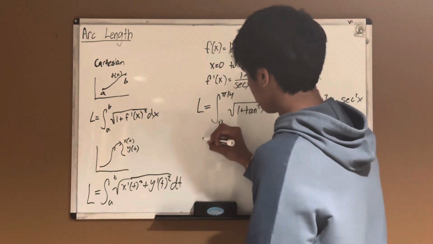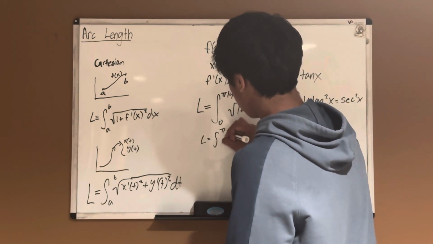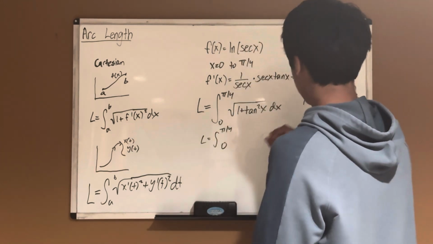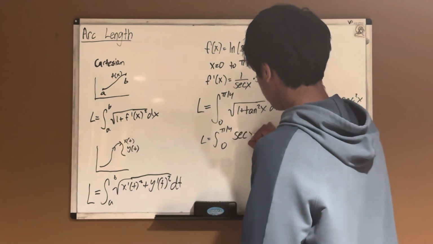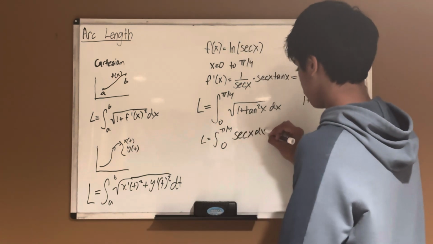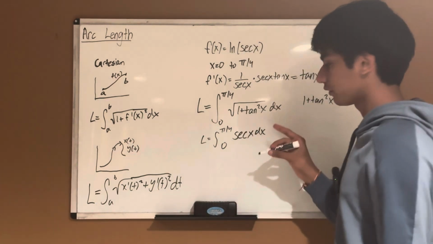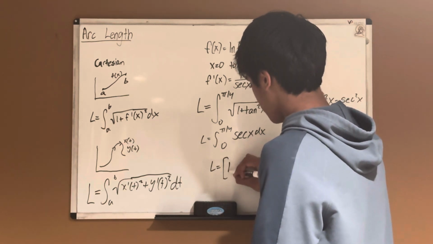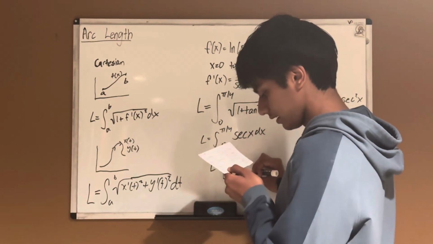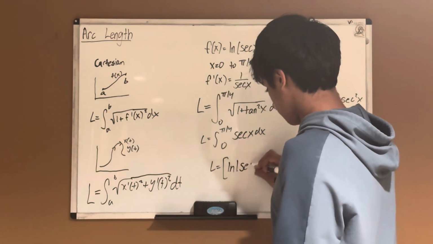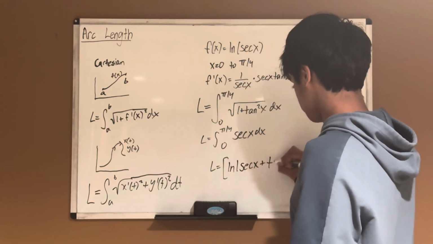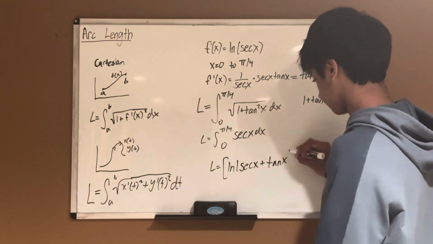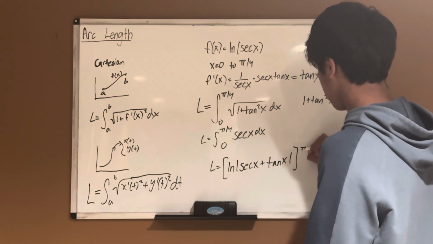So in other words, the integral from 0 to pi over 4 of secant of x dx. And we should know that the integral of secant of x is equal to ln of secant of x plus tangent of x, from 0 to pi over 4.